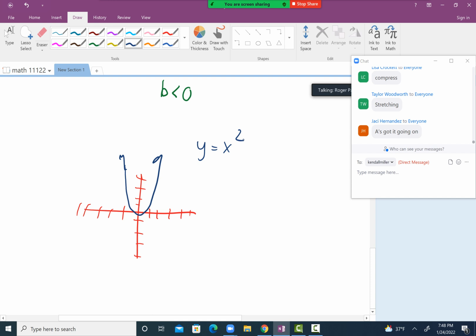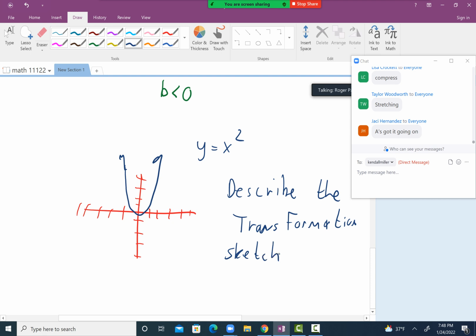So what it's going to ask you to do is either describe the transformation, it might have you graph the transformation, describe the transformation, and sketch. Okay?